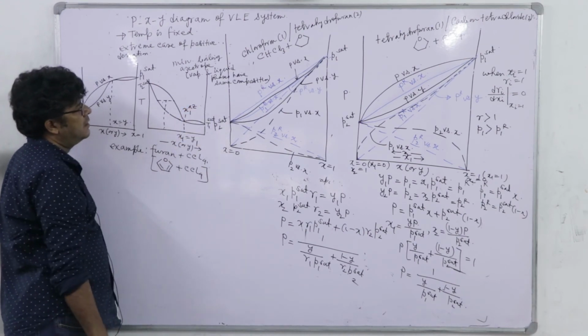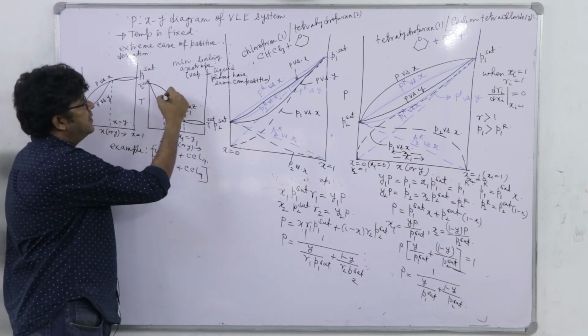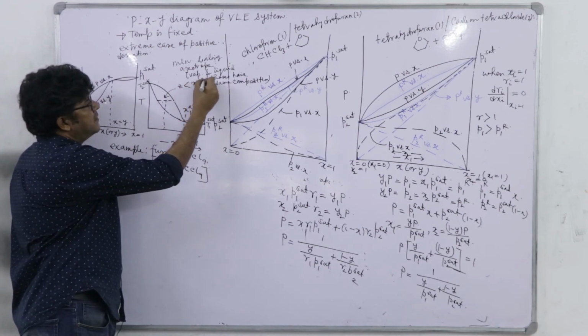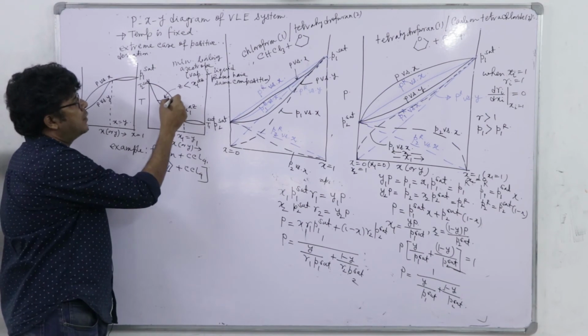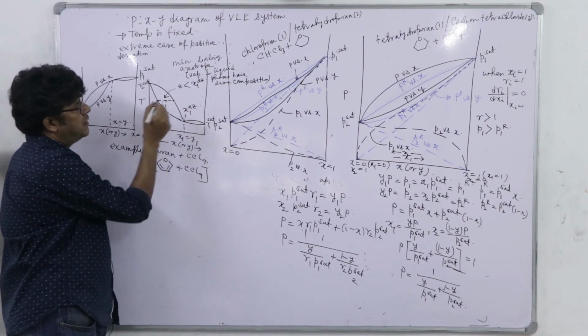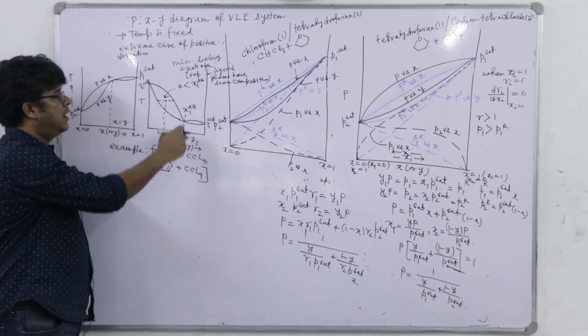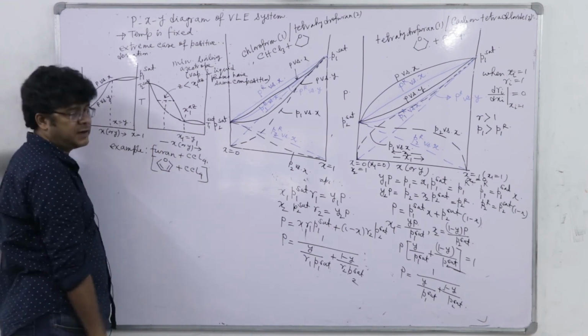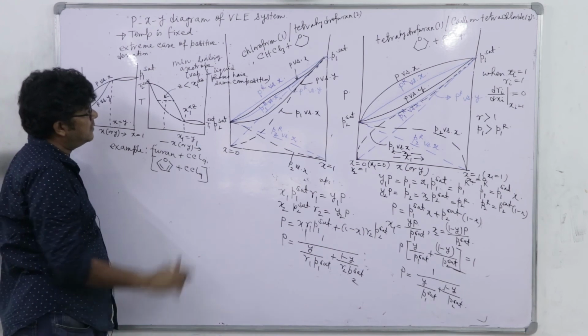So in this case we have Z less than x1 Az. So, vapor phase will be rich in high boiling component, liquid phase will be rich in low boiling component, it is fine.